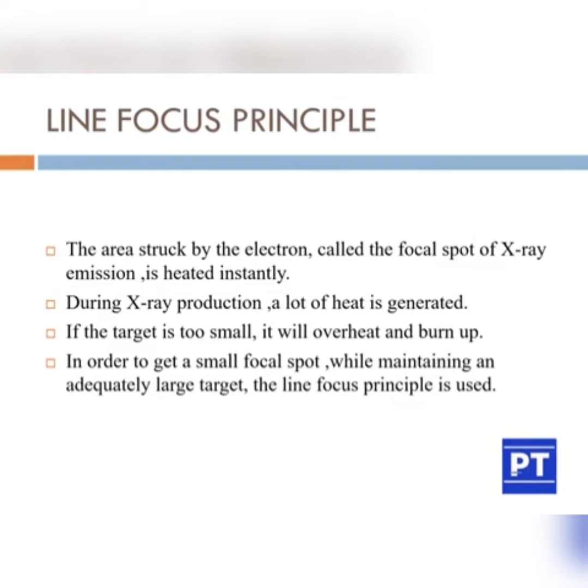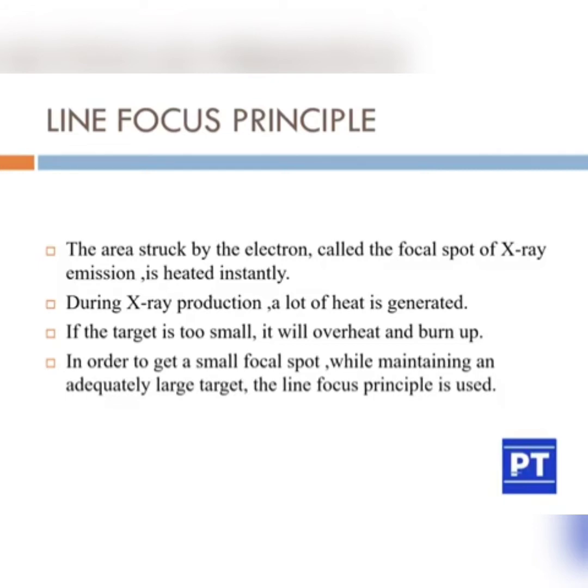So let us see what is meant by the line focus principle. From previous slides we discussed that electrons are coming and hitting the target anode. The area where the electron is hitting is known as the focal spot.